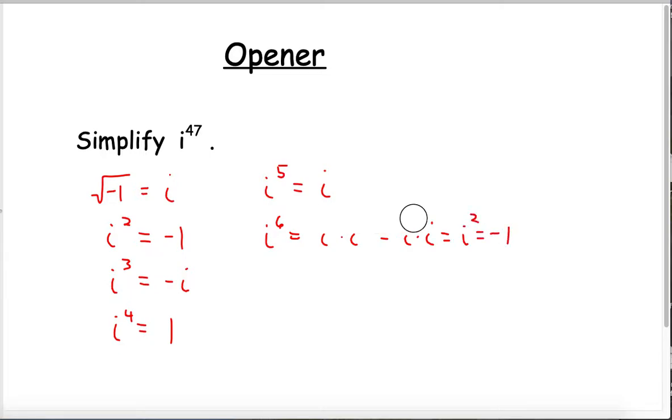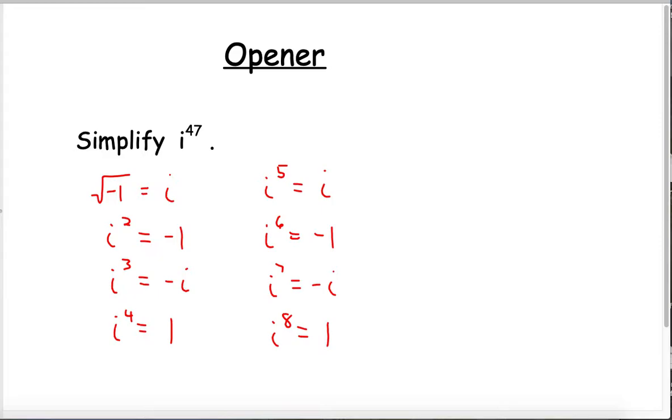So i to the 6th is just -1, just like i squared. How about i to the 7th? Well, that's i to the 6th, which is -1, times i, so we get -1i, just like i to the 3rd. And the last one I'll do is i to the 8th. That'll be i to the 7th times i to the 1st, or even easier, how about i to the 4th times i to the 4th? 1 times 1 is 1.